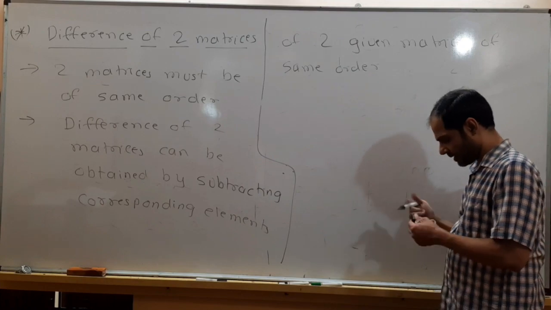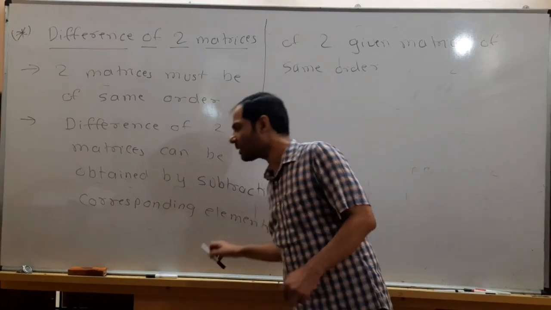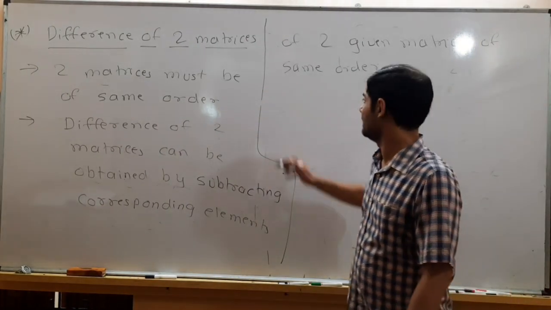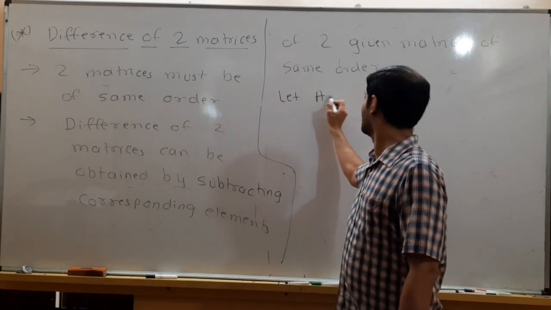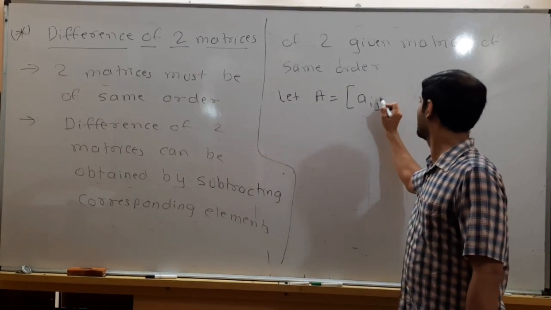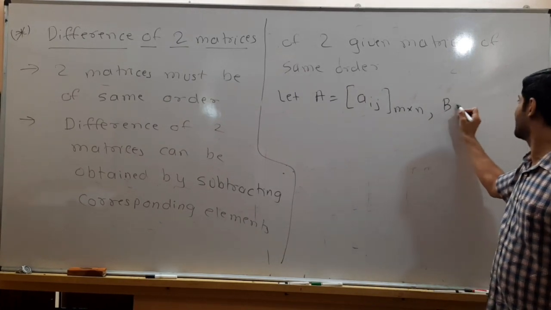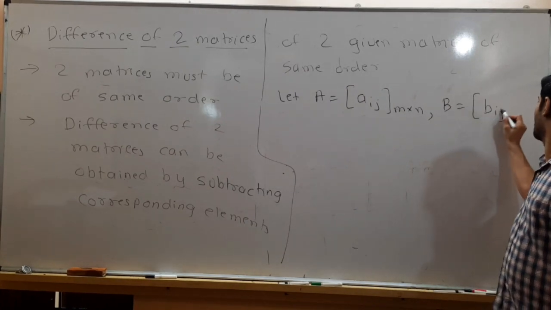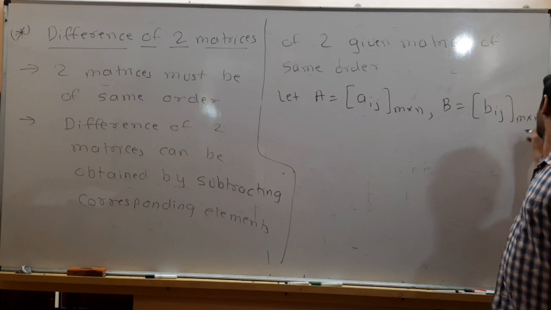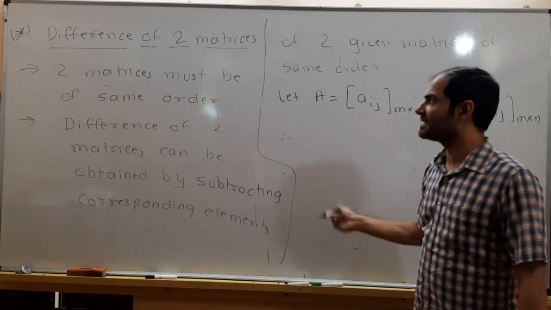So, what are the points? Let me take Aij of the order n cross n. B also has to be the same order, Bij of the order n cross n. Then difference means subtraction.